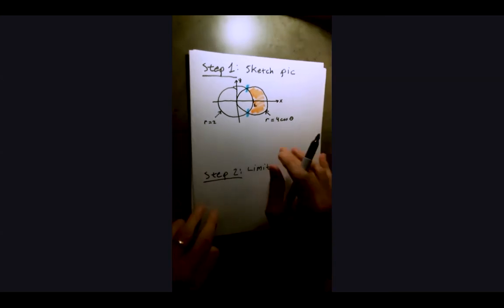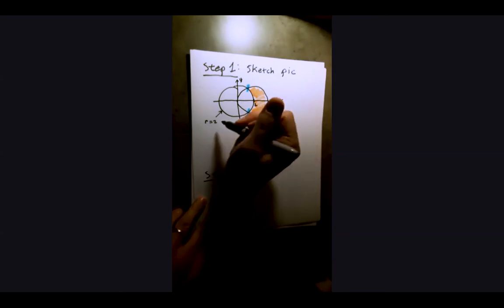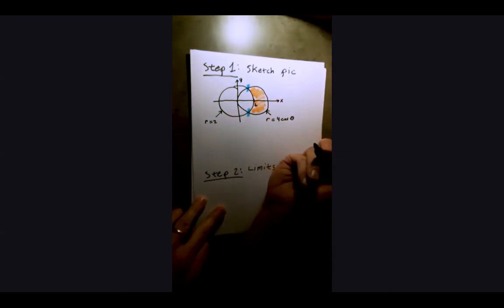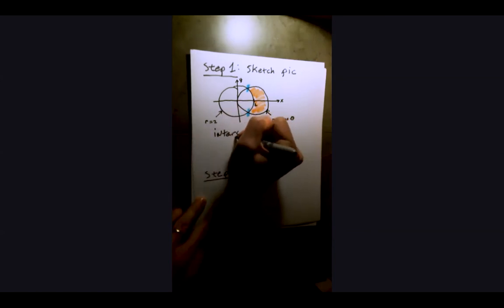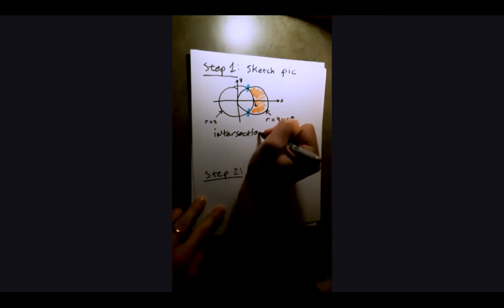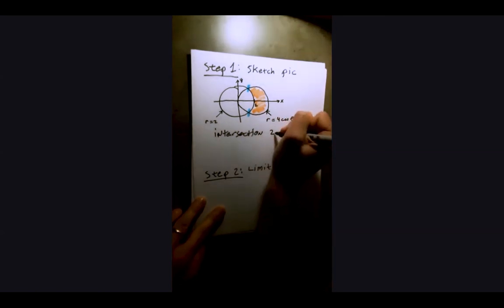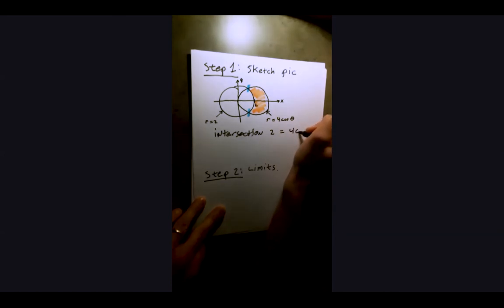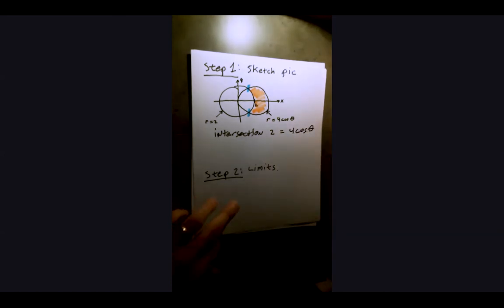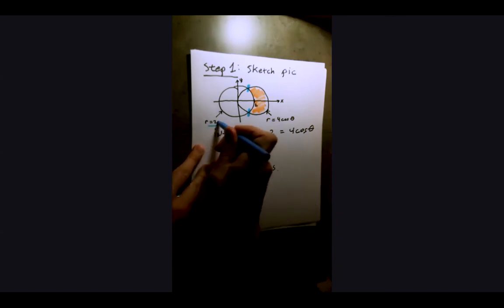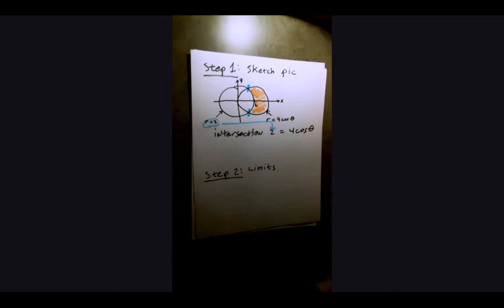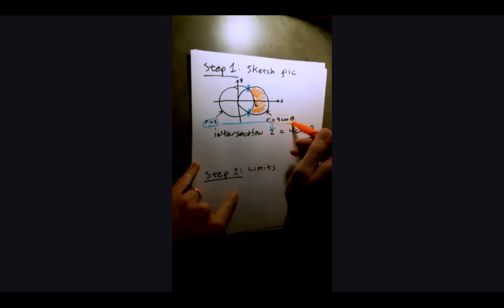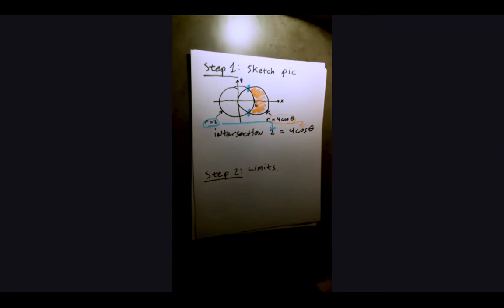In order to find the intersection points, that would be where the two functions have the same values. So the intersection would be where 2 is equal to 4 cosine theta. The 2, in this case, is giving me that r equals 2, and the r equals 4 cosine theta is giving me the 4 cosine theta.